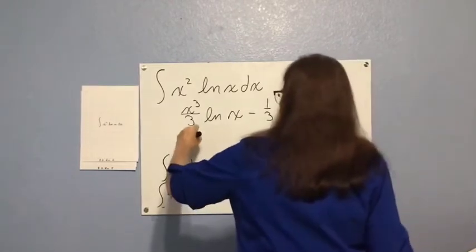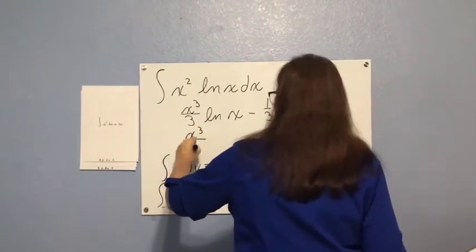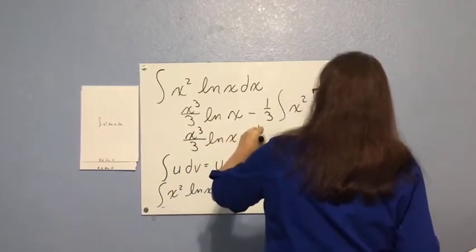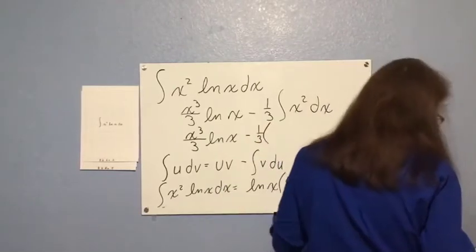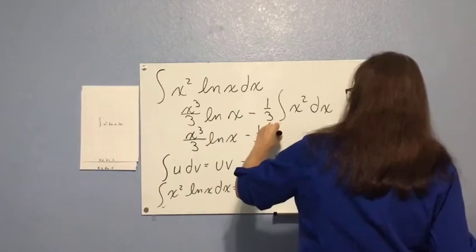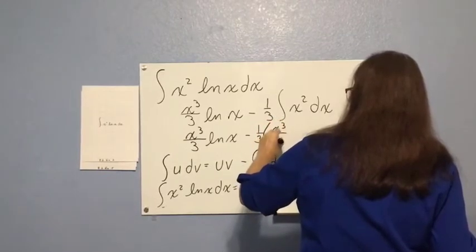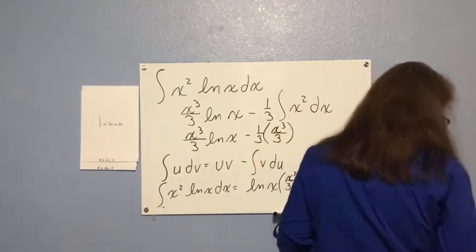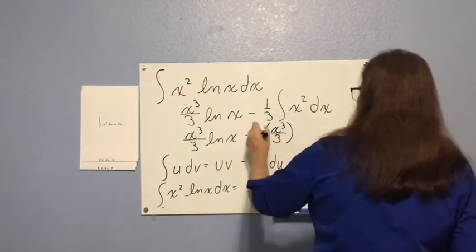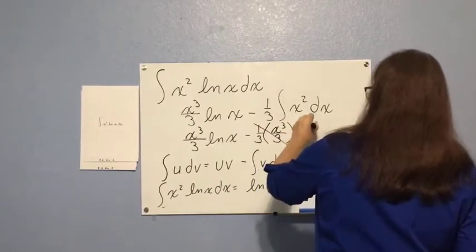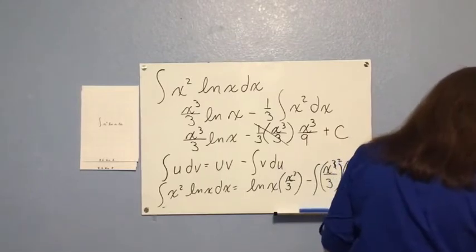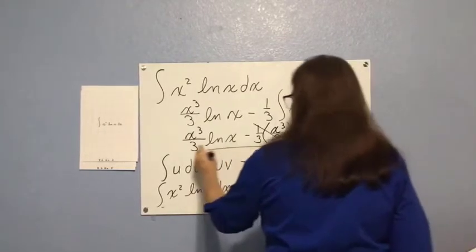So now I've got x cubed over 3 natural log x minus 1/3 times the integral of x squared, which would be x cubed over 3. So when I put these two together, I'm going to get x cubed over 9 plus a constant. And this is my answer.